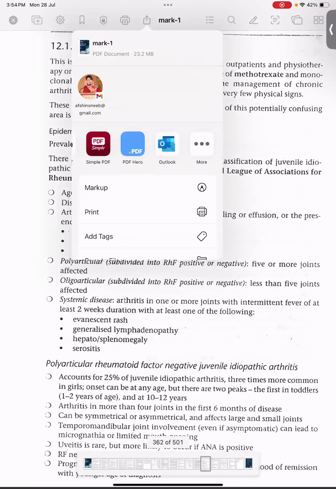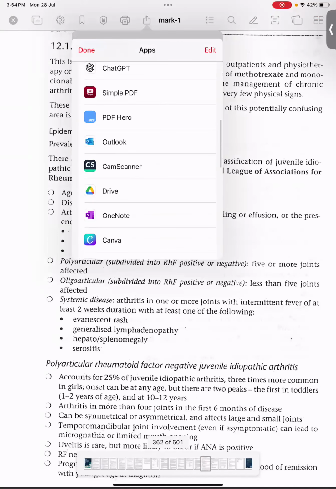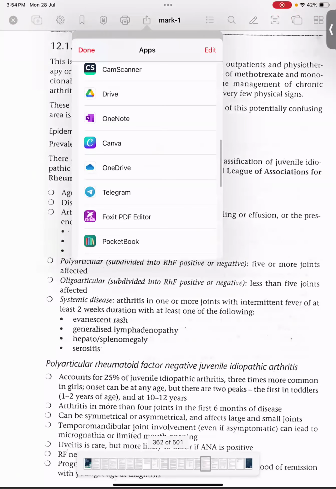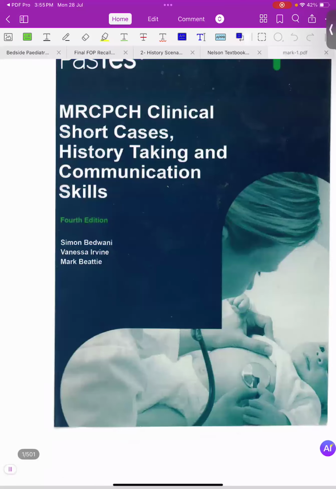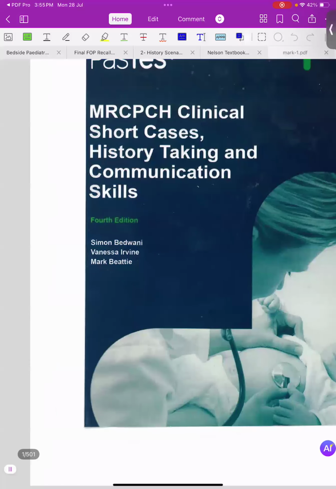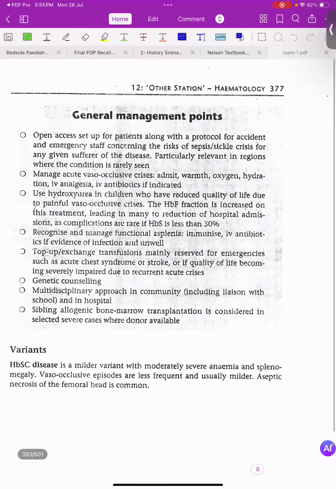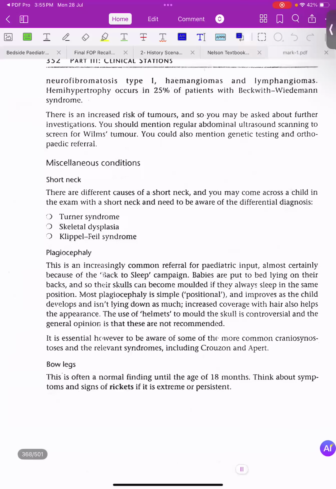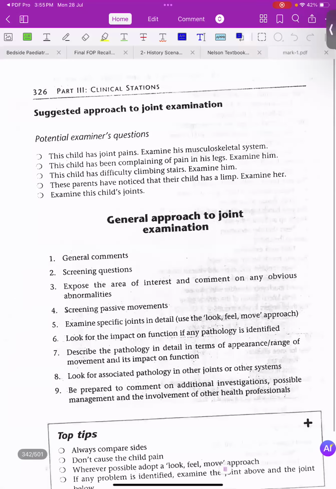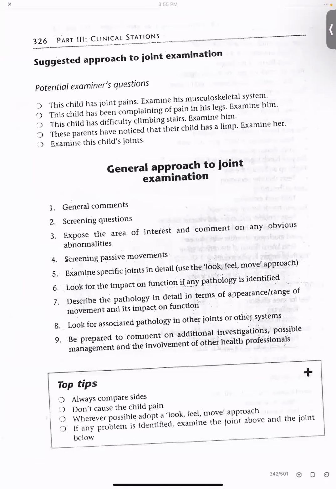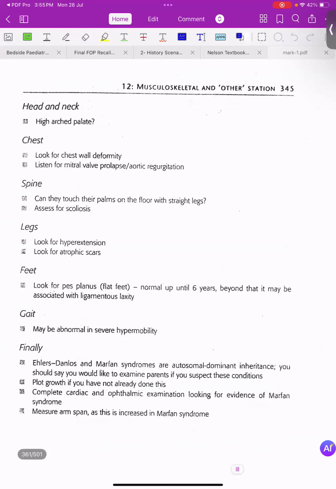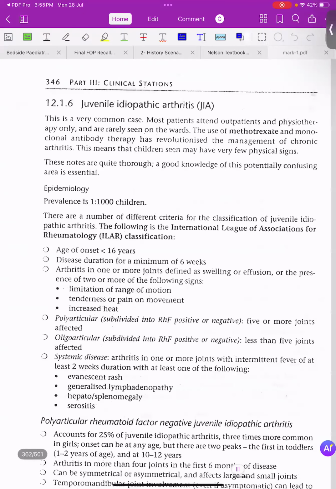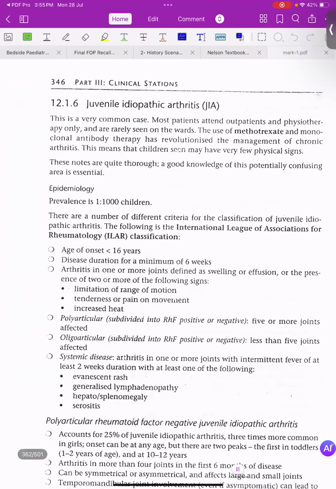Just 1 minute so that I can tell you what are the important points you must read from here. 349. Okay, so this is the topic that is the JIA.